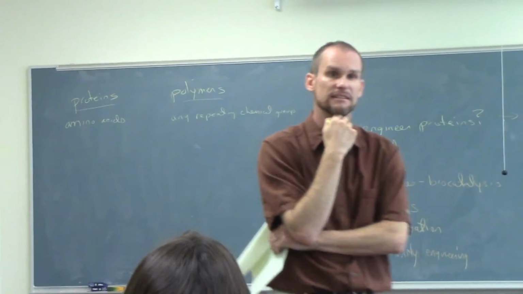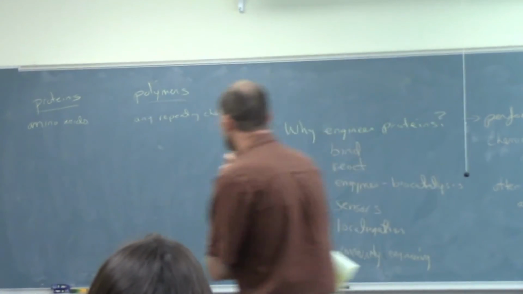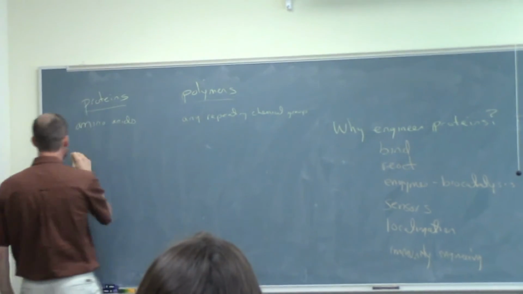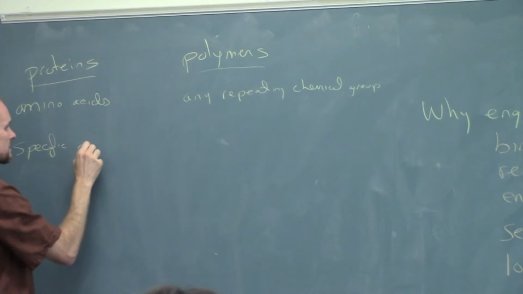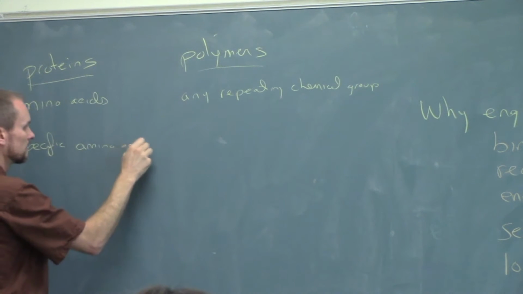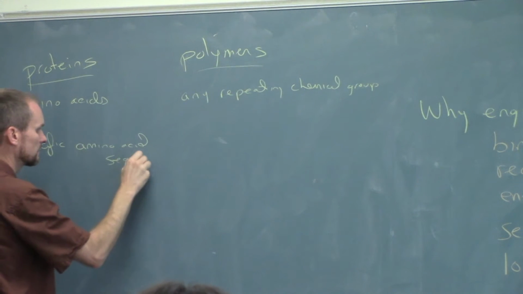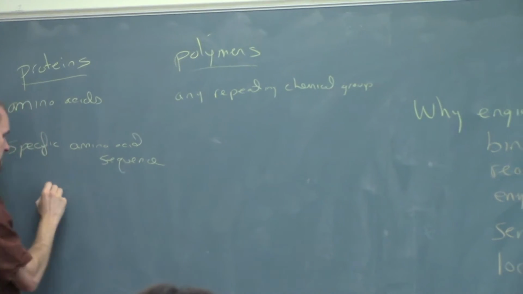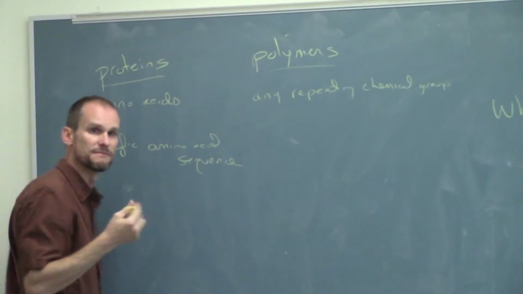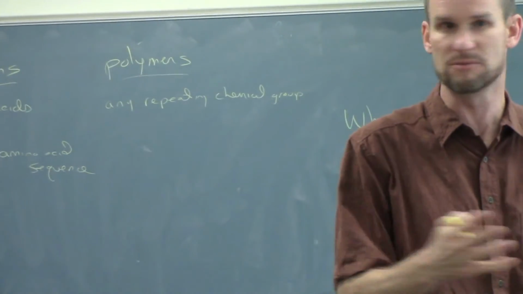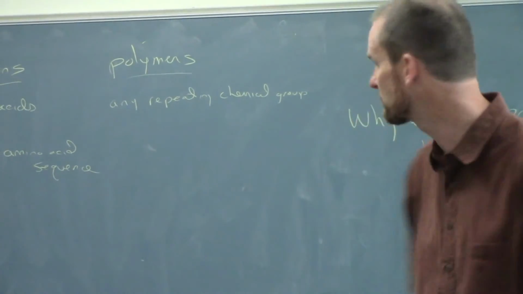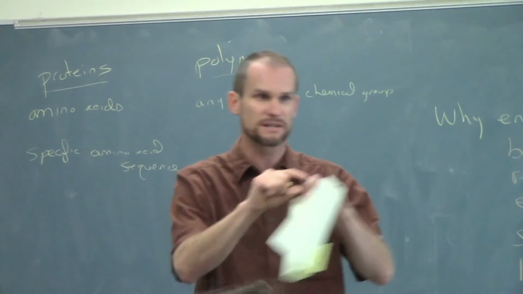Proteins are specific? They're to be very specific. So the proteins are going to have a specific amino acid sequence. And this could be basically any sequence of residues that we put together in the gene to code for the proteins. Whereas polymers, you're typically polymerizing things.